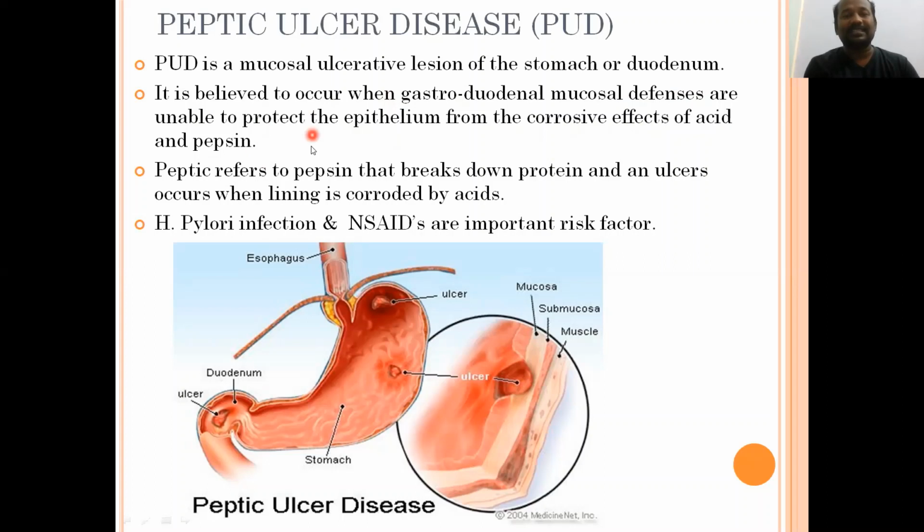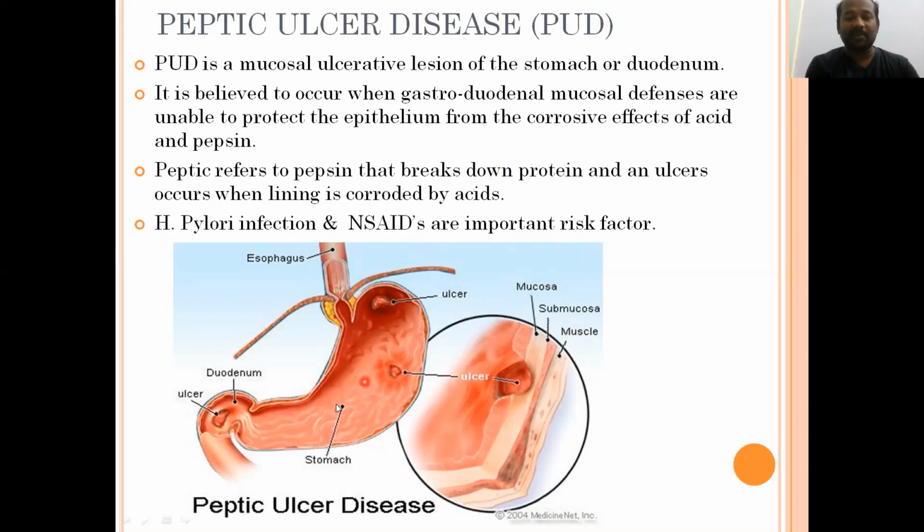In peptic ulcer disease, peptic refers to the pepsin enzyme, which breaks down proteins. And ulcer refers to the lining being corroded by acids, hydrochloric acid. H. pylori infection and NSAIDs are important risk factors for peptic ulcers.